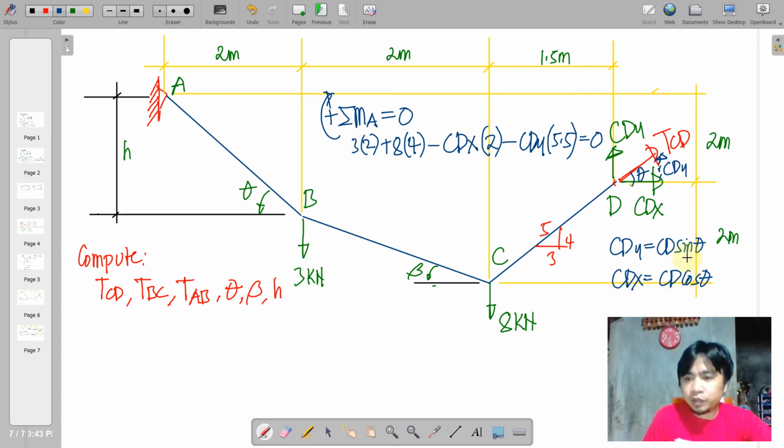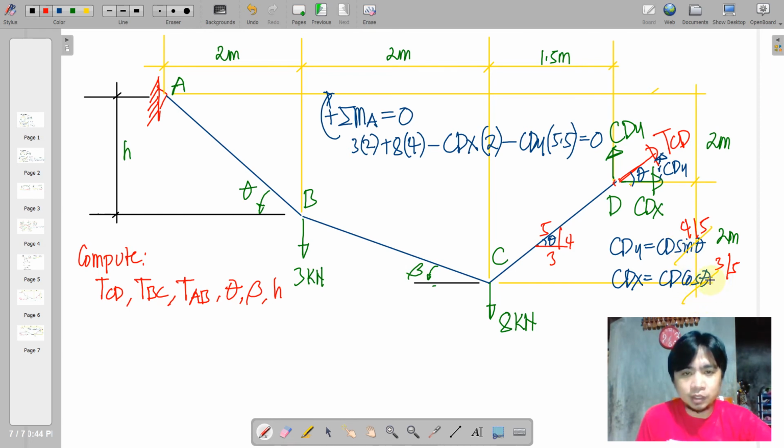And what is the value for sine theta and cosine theta? We refer to the 3, 4, 5 triangle. Say this is our angle theta. We can see now that sine theta is 4/5 and cosine theta is 3/5.